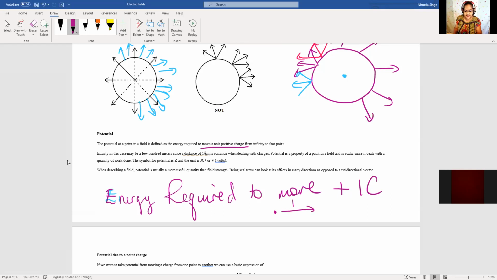A distance of 1 meter away from a charge will be infinity because it's so huge compared to the charge itself. So this is where the maths and relativity come into play. One point does not mean the same thing to something else. Okay? I think you all understand what that means.